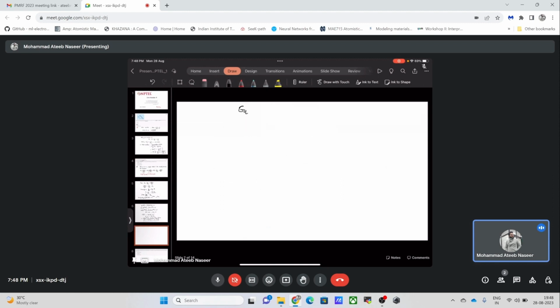So this gl is 10 to the power of 20 per centimeter cube per second, and tau n naught is 1 microsecond.